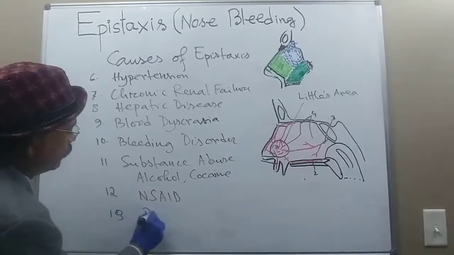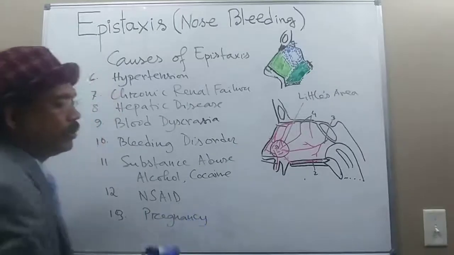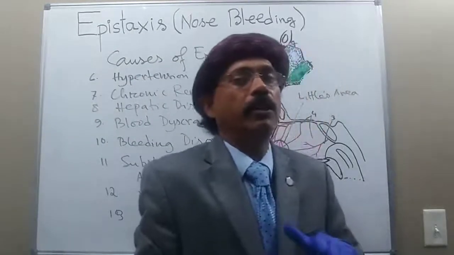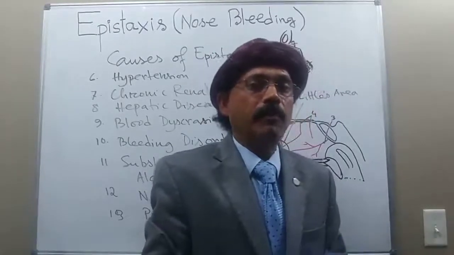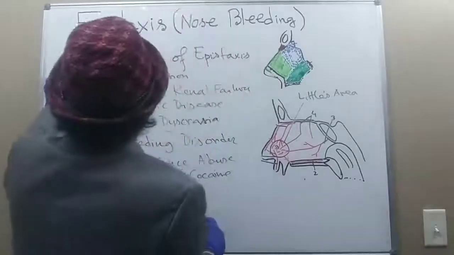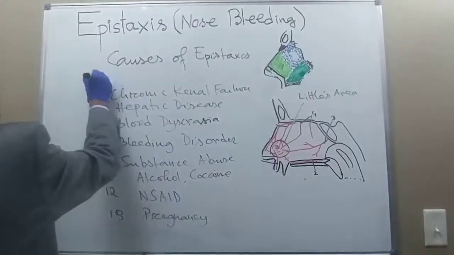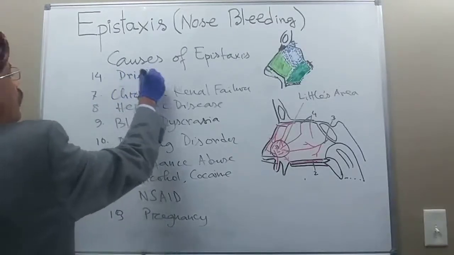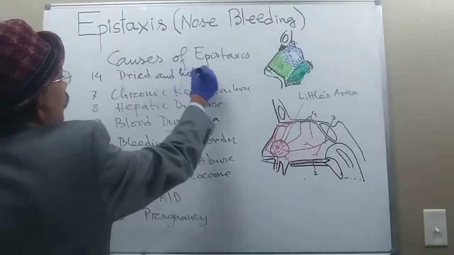So for some reason during pregnancy, due to overactivity of the physiological activity of the hormone, the blood vessels may be fragile. Epistaxis may also be due to a dry and hot atmosphere.